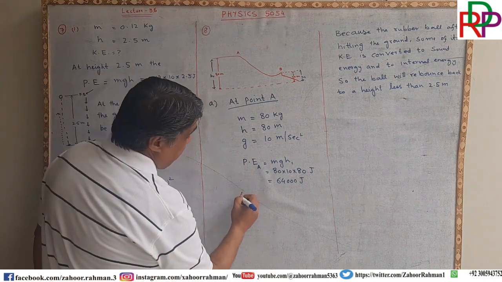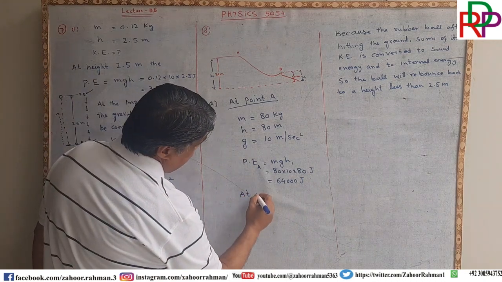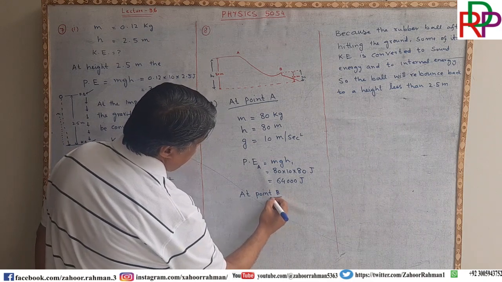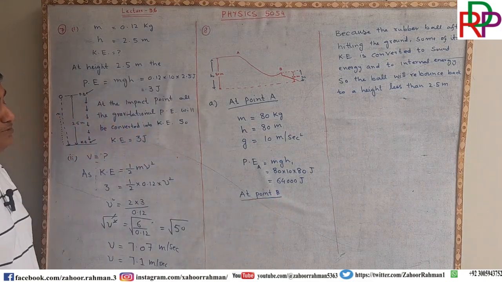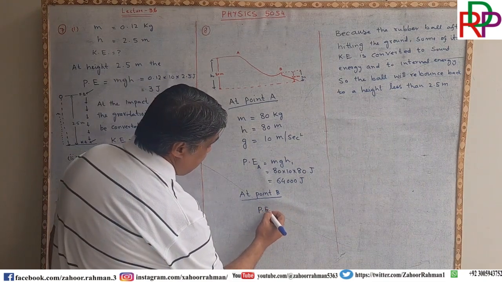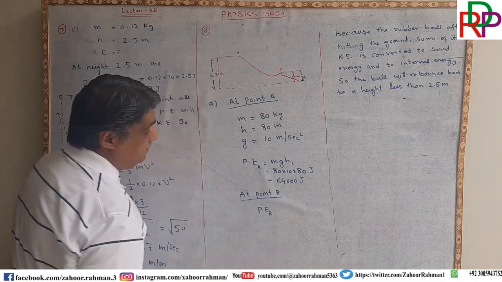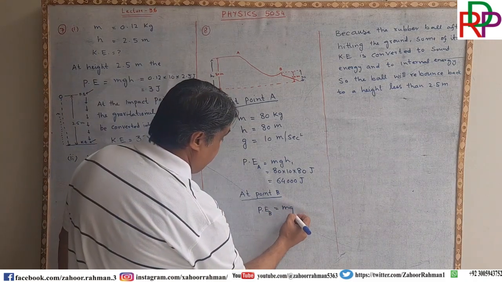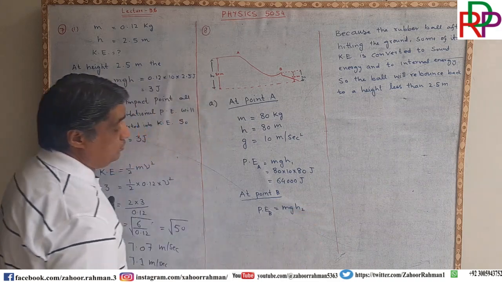Now at point B, we will have to calculate the potential energy. So, potential energy at point B is equal to mgh2.